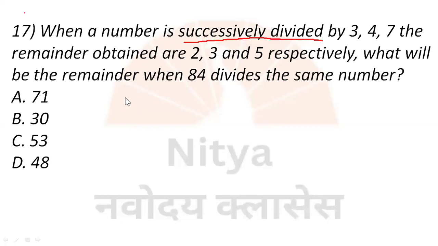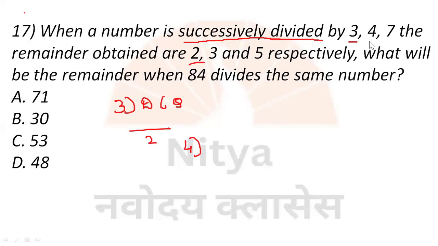For example, here 3 is the divisor. When we divide the number by 3, the remainder is 2. It means they have not given the dividend as well as the quotient. Again, 4 is the divisor.